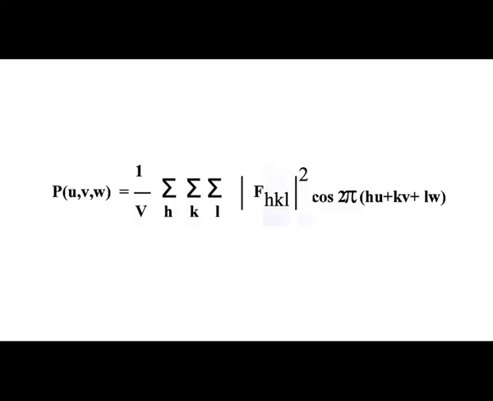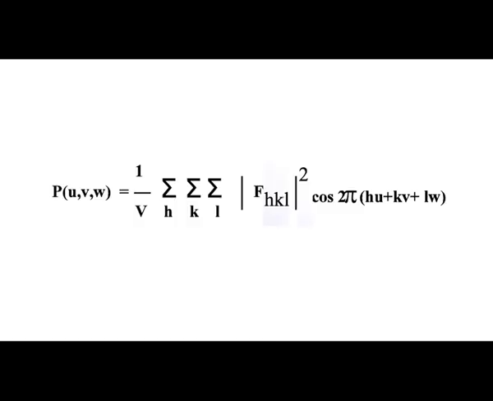A is known as the anomalous difference Patterson map. What is a Patterson? A Patterson map is nothing but squaring. A Fourier contains the coefficient mod FH. If you use mod FH squared, or the intensities of HKL, as the coefficient, that is known as the Patterson.